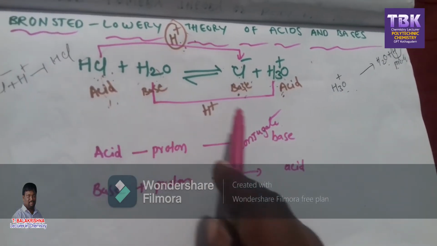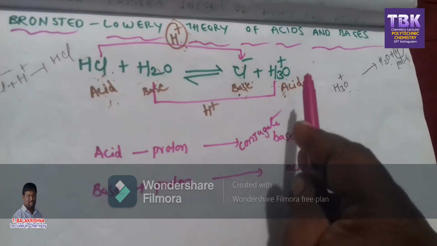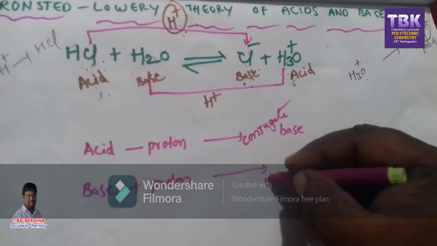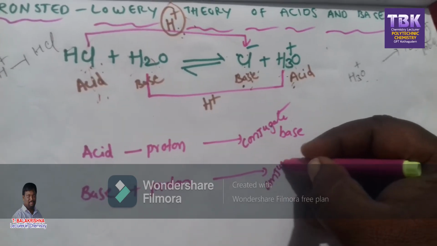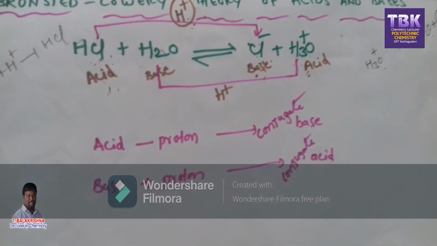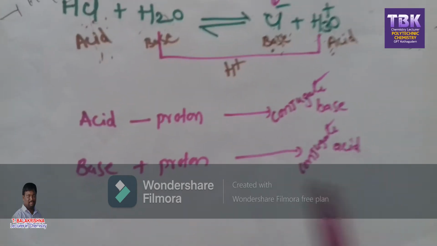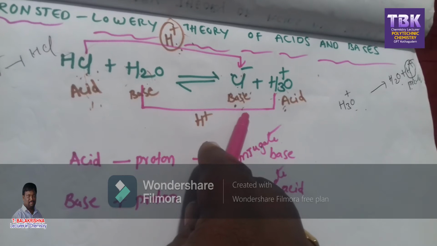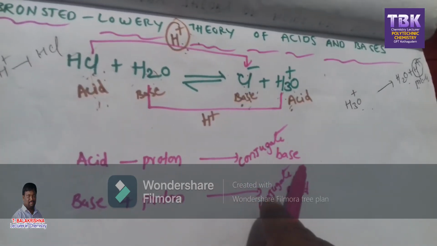When the base accepts the proton, it shows acidic nature. Such a type of acid is called a conjugate acid. Is it clear? I repeat: when the acid donates a proton, it shows basic nature, and such a type of base is called a conjugate base.